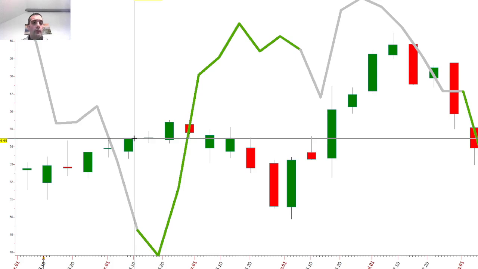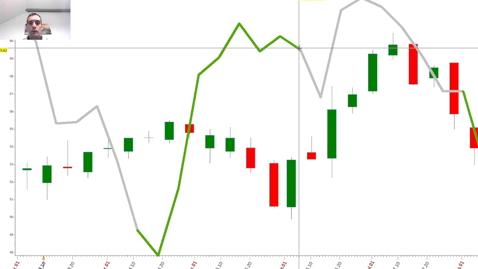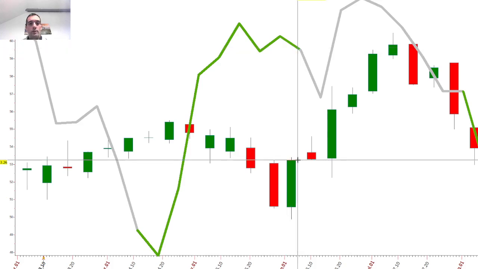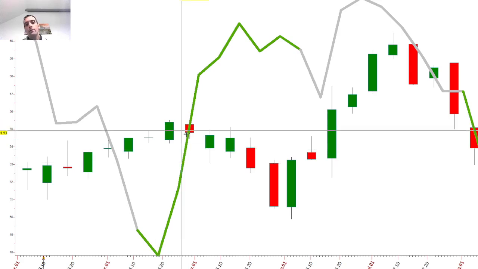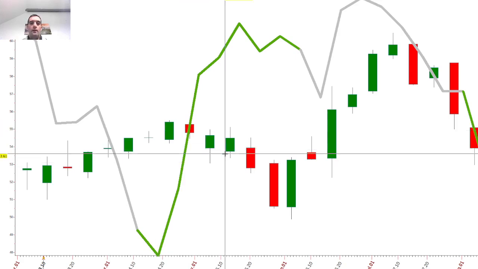Price action closed around $54.50 per share. The termination of this particular green wave was June 5th, 2019, and price action closed around $53.26 per share.